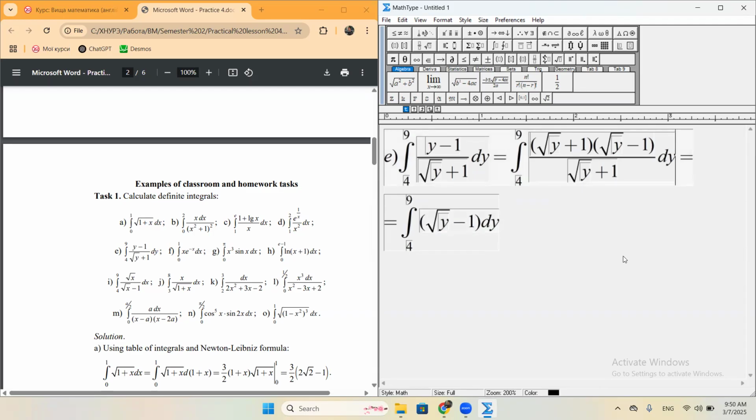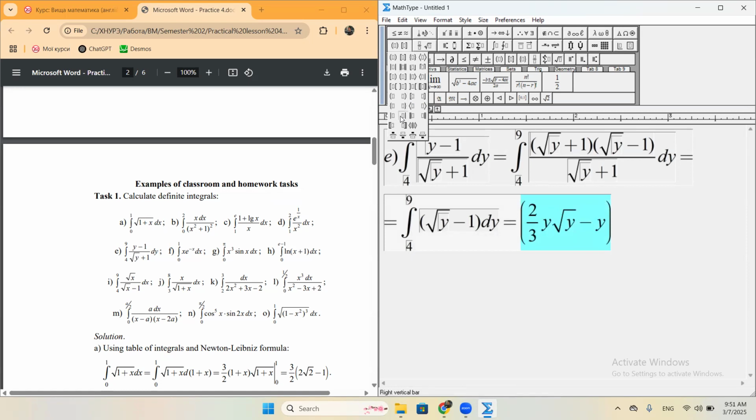Now calculating the integral according to the table, what do we have? 2 over 3 y square root of y minus y, with substitutions from 4 to 9.